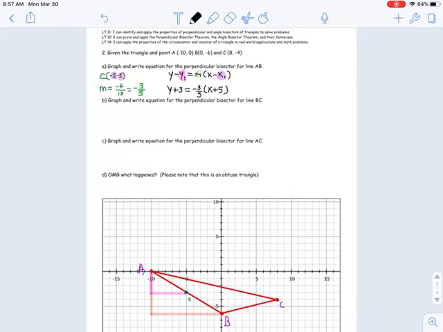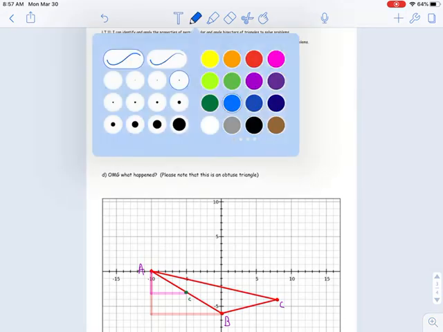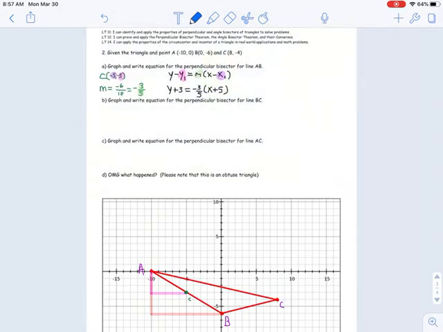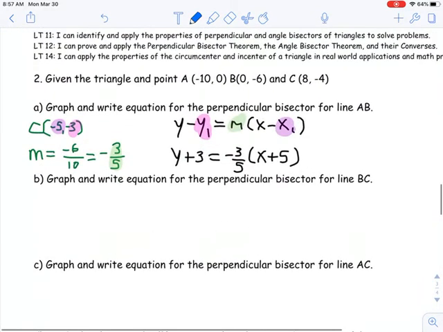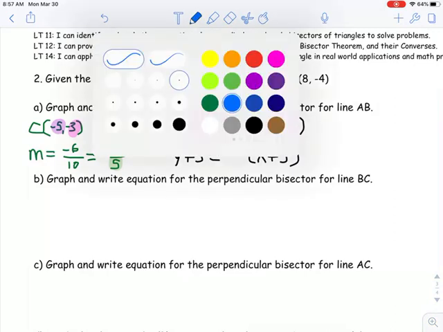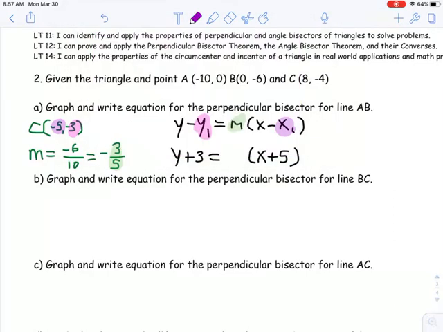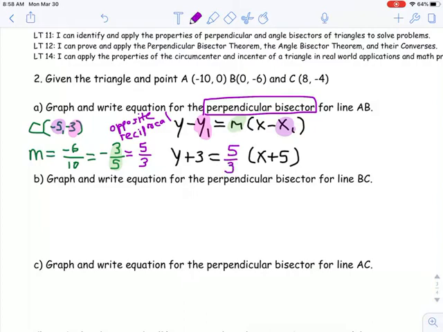Alright, so we got that in point slope form. Now really from this, let's pick a good color, blue. Alright, timeout, I messed up. Shouldn't have plugged in that slope right there. Remember we want a perpendicular bisector. So my new slope is 5 over 3. We want the opposite, so you change the sign, reciprocal. I almost had a massive brain fart, so that should have been 5/3.